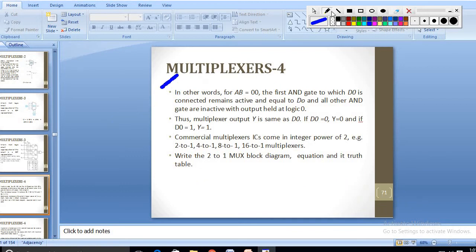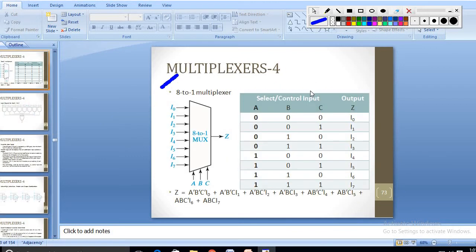Next is the same thing. This is exactly about 8:1 multiplexers. I already told you how exactly 8:1 works, meaning the 8 data inputs, and these are the control inputs. If all the 3 control inputs A, B, C are 0, it will select I naught.